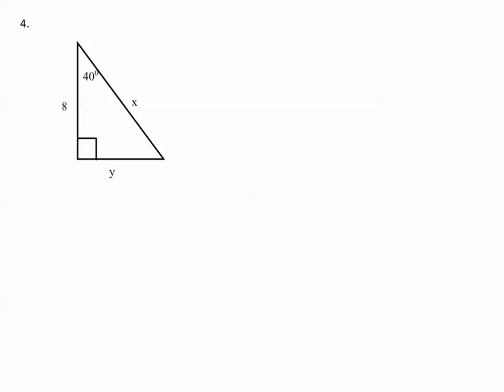In this last example, notice I need to find two things, so I'm going to have some choices. We don't have to do anything different. We start by labeling the hypotenuse. There it is, hypotenuse. Now, we have a choice. Always, we can find the other acute angle and label from that one, but I usually like to just label from the one they gave me.